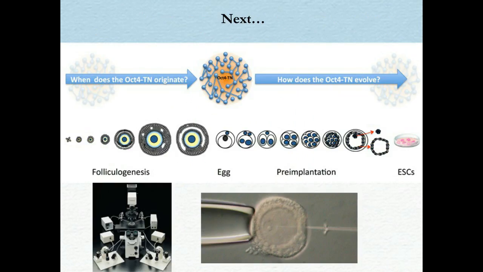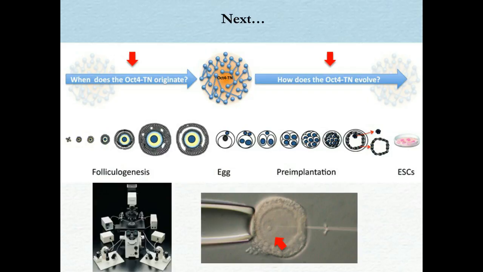In our work to come, we plan to find out when, during folliculogenesis, this transcription network is built up and how it evolves during preimplantation development. Technically, this is quite a tricky thing to do. It's a challenge since we will have to inject within the ooplasm of the growing follicle a construct that inhibits the OCT4 transcript translation without harming the oocyte.